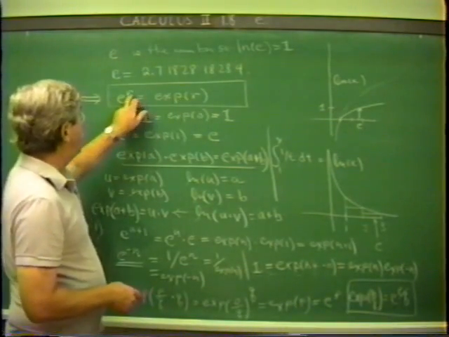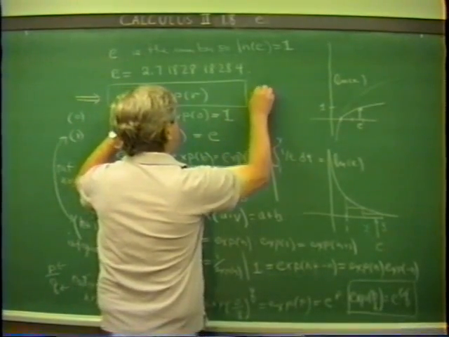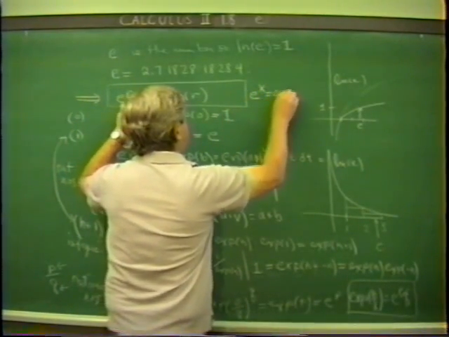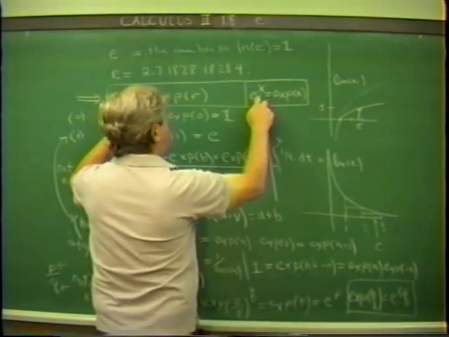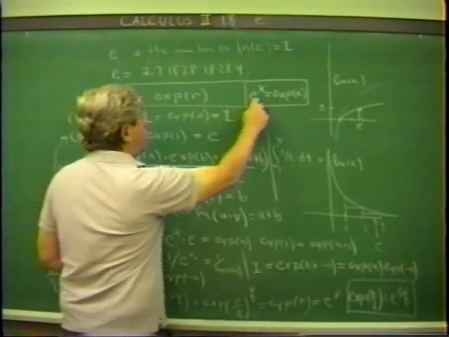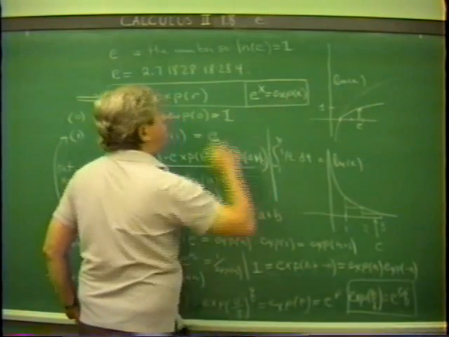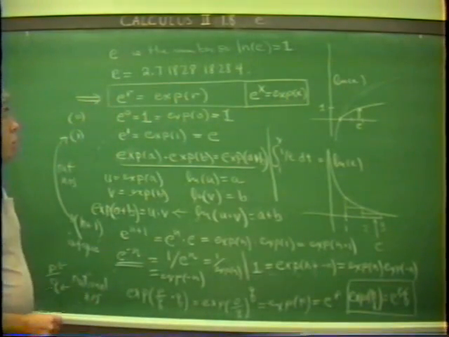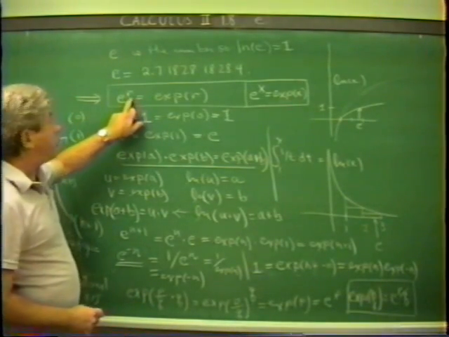Okay. Now what you want to do with this is use this. This says that for every rational number r, the exponent function agrees with e to the r power. So what we want to do is define e to the x to be exponent of x. And then e to the x will be a continuous function that agrees with e to the r on the rational numbers and is continuous on all the real numbers.